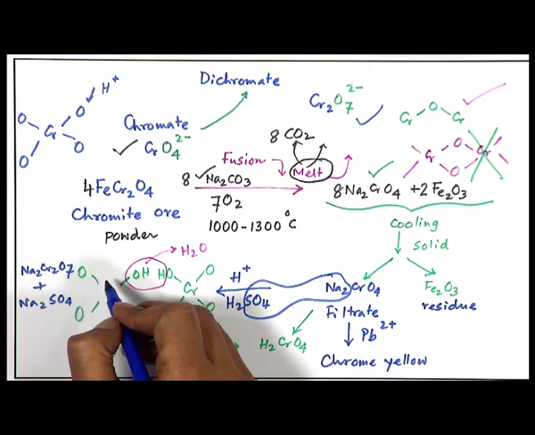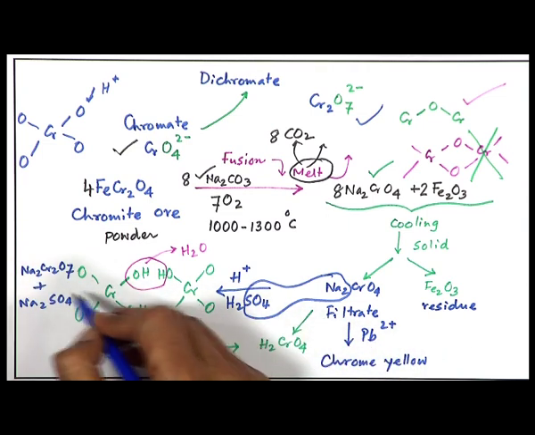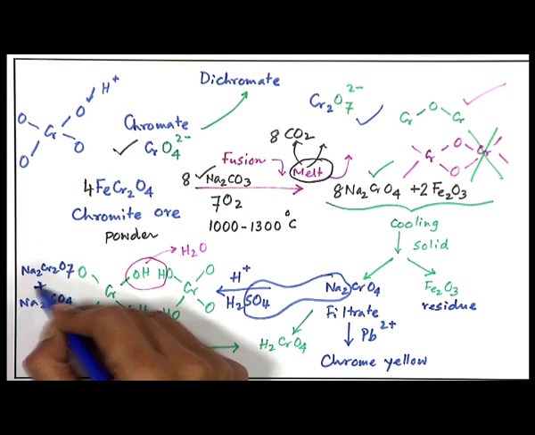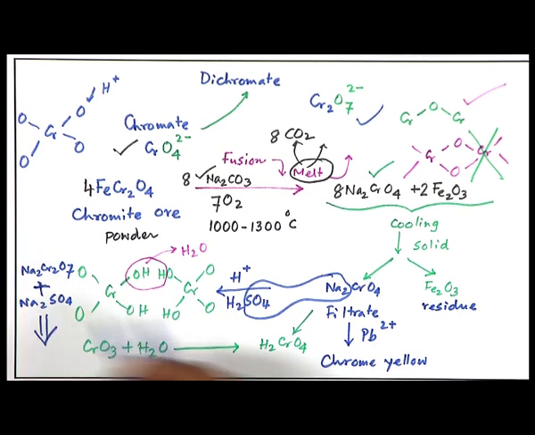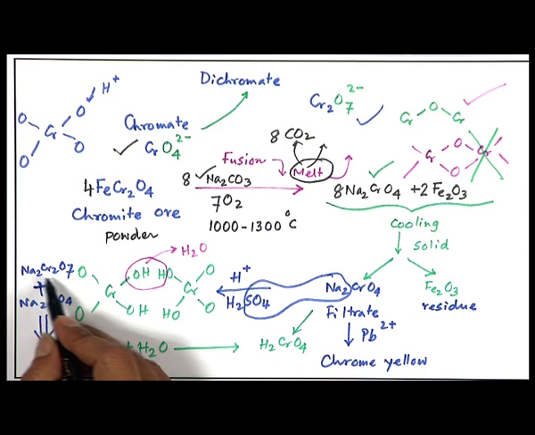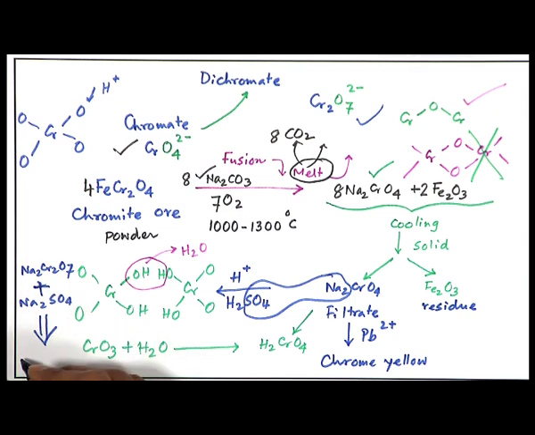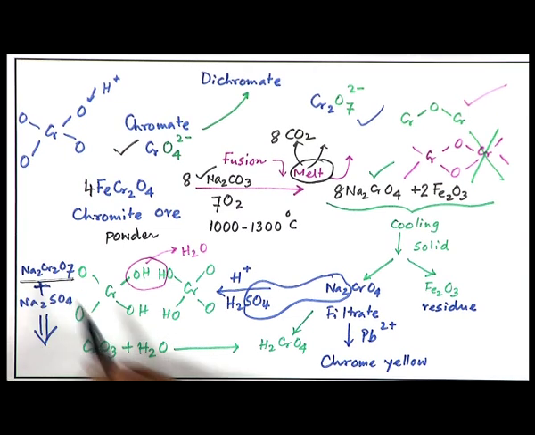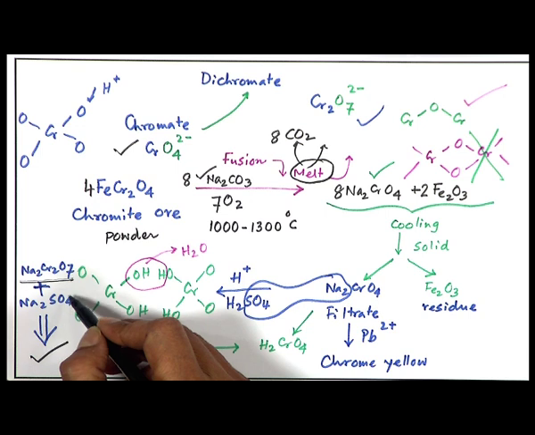So, in solution a large number of water molecules are also forming, and from there we go for evaporation. The evaporation technique basically gives rise to the corresponding crystals of sodium dichromate as the dihydrate. So, sodium dichromate can be separated out from here as the dihydrate, because during this process you have a solubility difference.